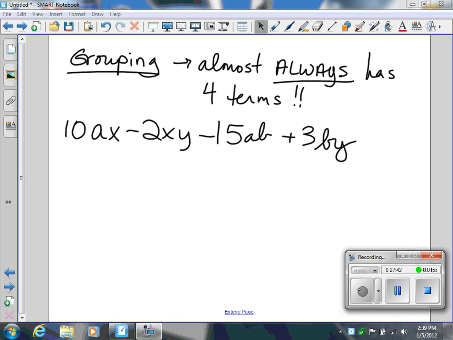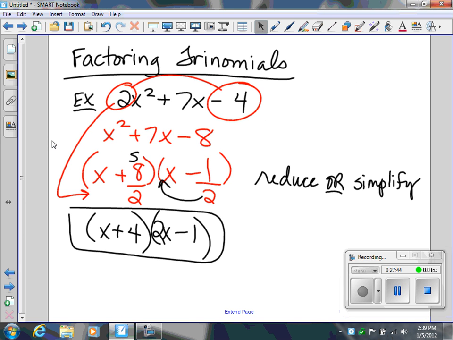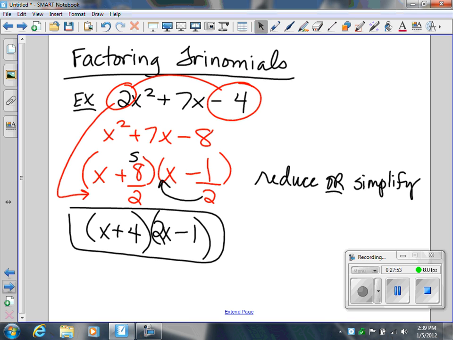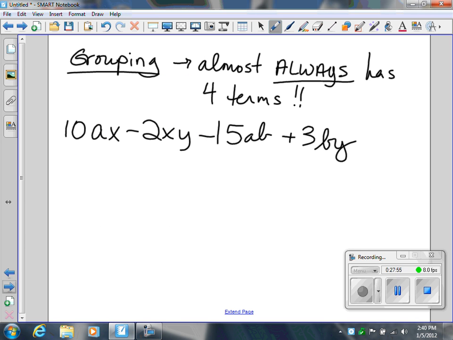Okay? Take the first 2 terms. What's the GCF of the first 2 terms? 2x. 2x times what gives you 10ax? 5a. Minus 2x times what gives you negative 2xy?